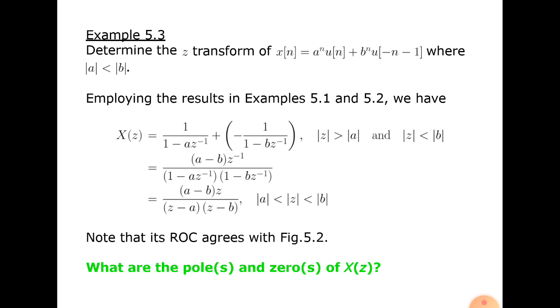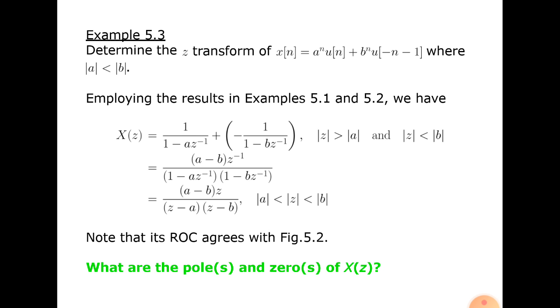Employing the results in examples 4.1, 5.1 and 5.2, we have x of z equal to 1 divided by 1 minus a into z power minus 1, plus 1 divided by 1 minus b into z power minus 1, where modulus of z is greater than a and modulus of z is less than b. It means the ROC lies between a and b. So this is the condition.